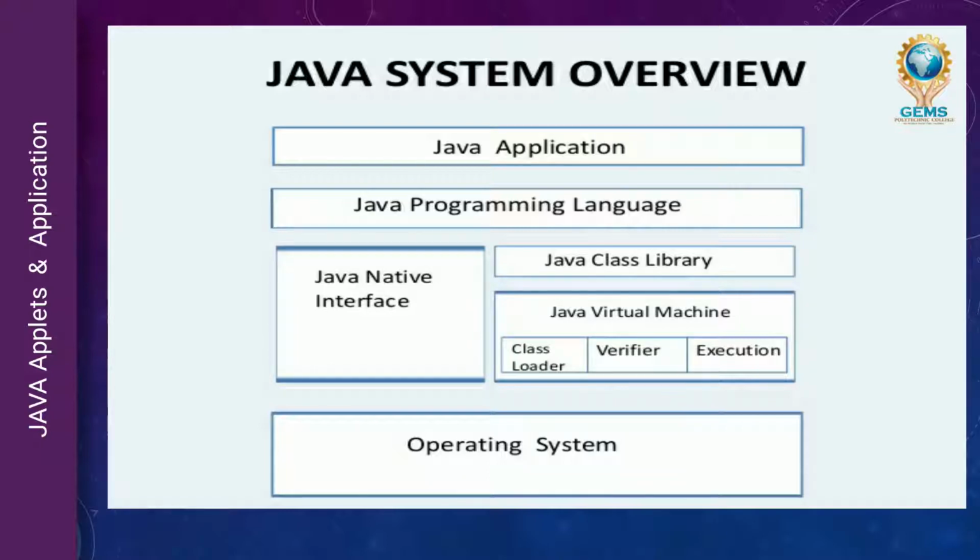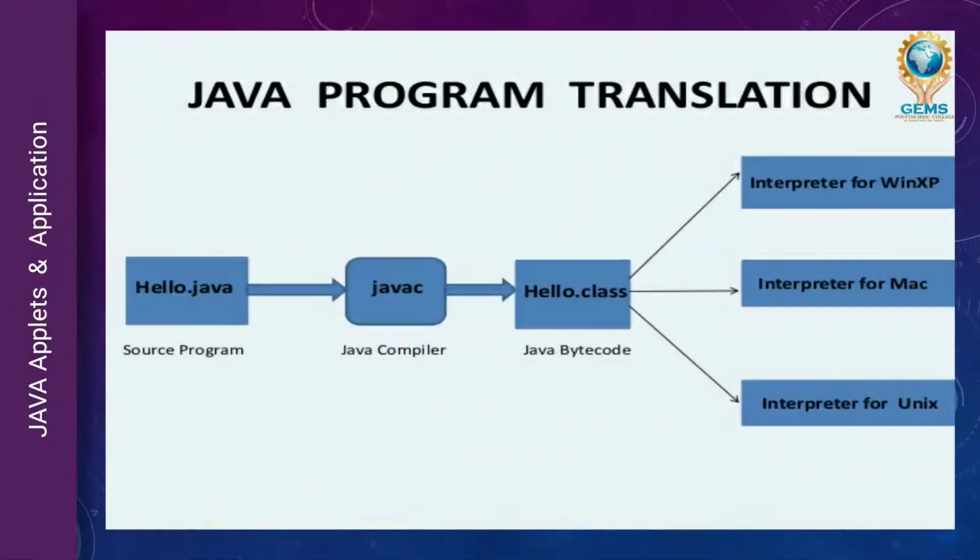This is the overview of the Java system. Just look at here: Java applications at the top layer, Java programming language, then Java Native Interface is needed, Java class library, Java virtual machine, class loader, verifier, final execution to the operating system. All these things are controlled by the operating system.